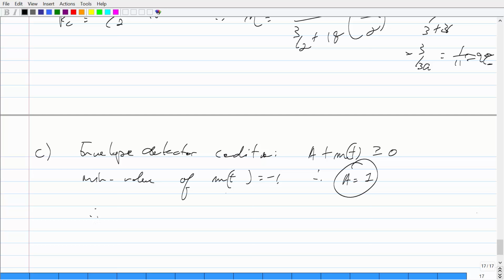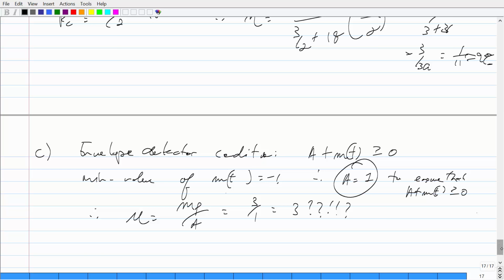Therefore, your modulation index would be the maximum peak divided by A. In this case, it's just 3 divided by 1, which is 3. So in this case, you can actually go above 1. It just depends on which signal you have. This is to ensure that A plus M of t is bigger than or equal to 0.